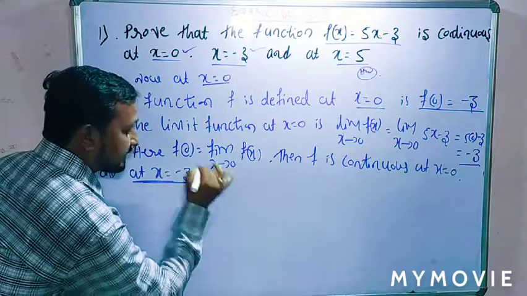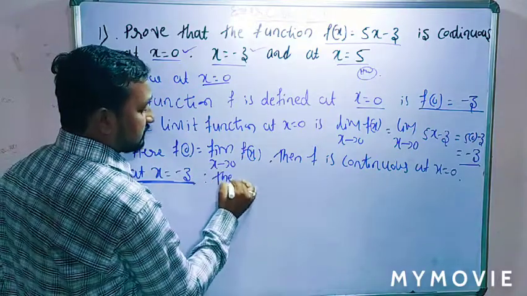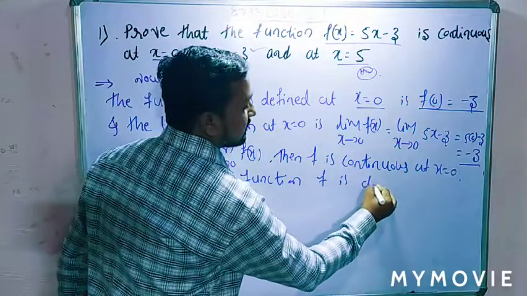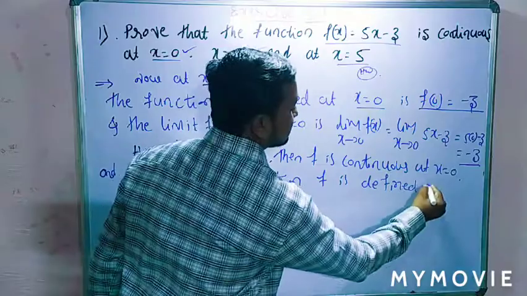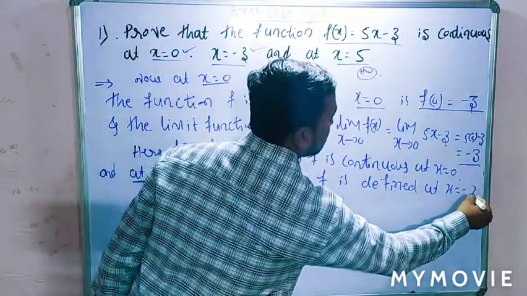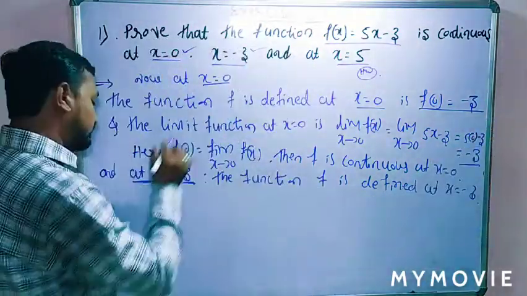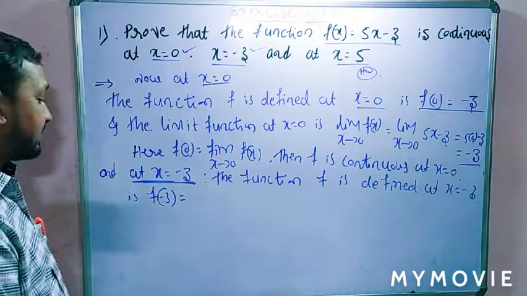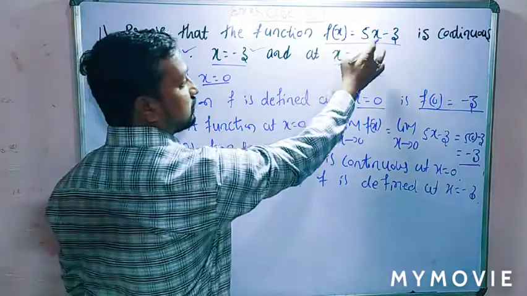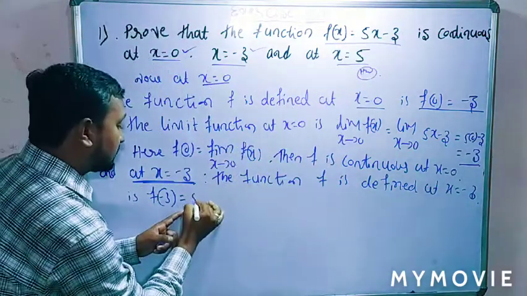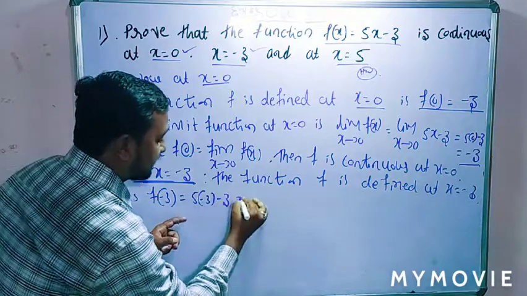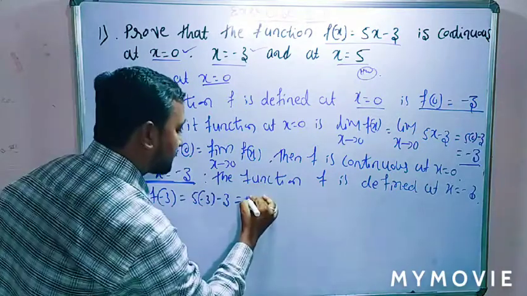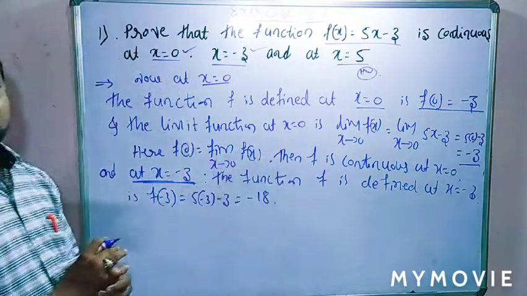At x equal to minus 3, the function f is defined. f of minus 3 is 5 into minus 3, which is minus 15, minus 3, so this is minus 18.